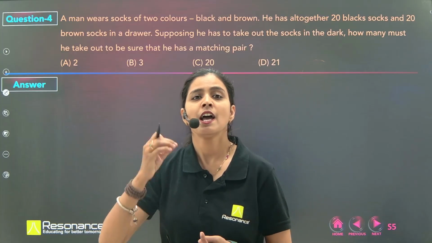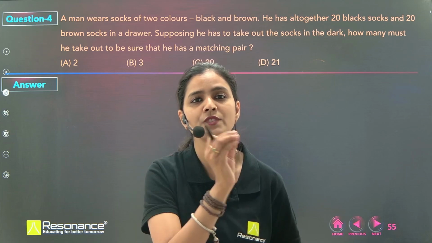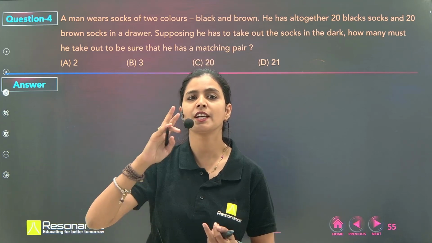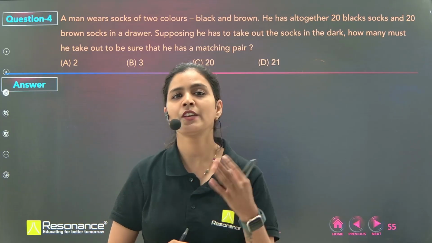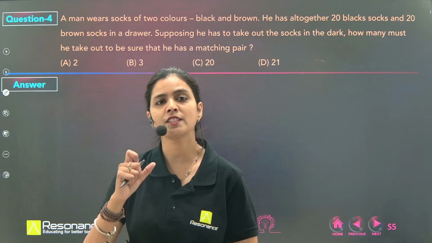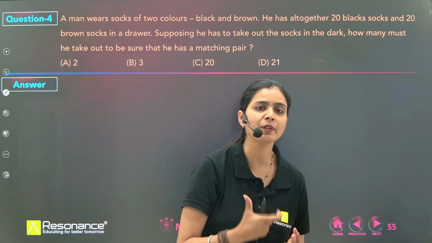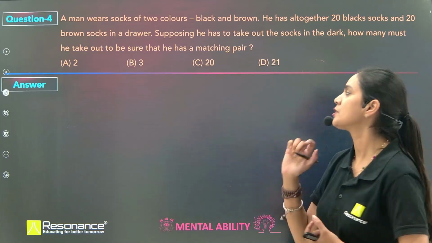If he didn't find a pair of the same color, then in the third attempt he will definitely get one, because there are only two colors, black and brown. So either way, what is the minimum number of attempts he has to make to get a matching pair of socks?